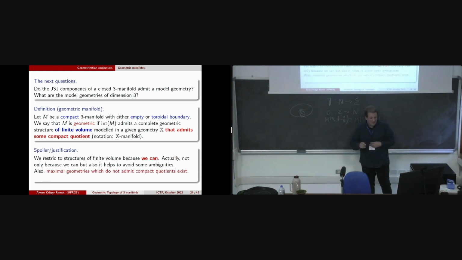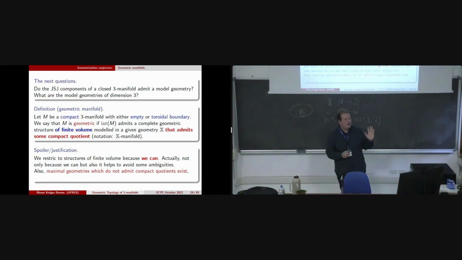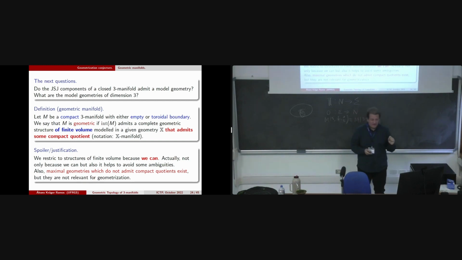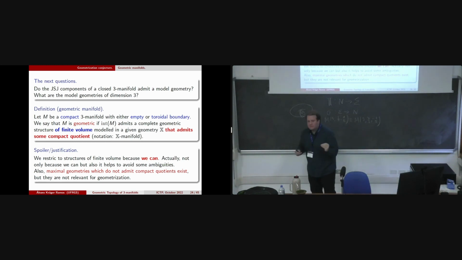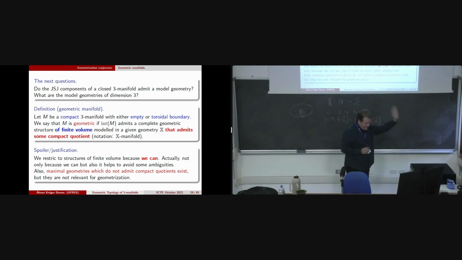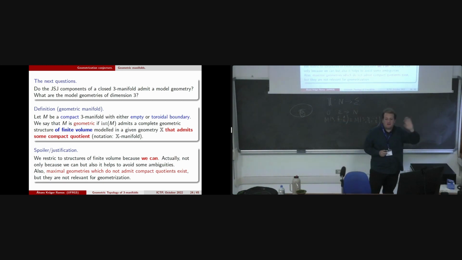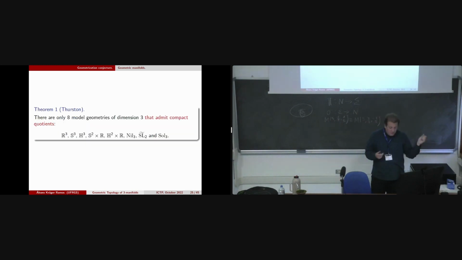Also, there exist geometries which do not admit any compact quotient, but they are simply not important to the setting of geometrization. And Thurston actually noticed that you don't care about these geometries. So let's talk a little about Thurston's work.